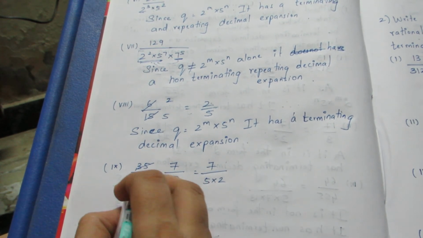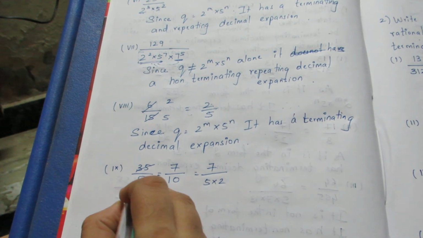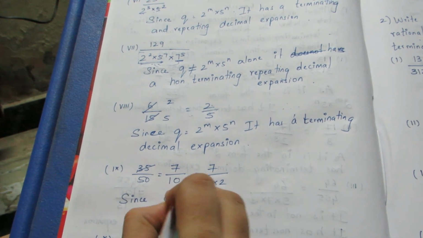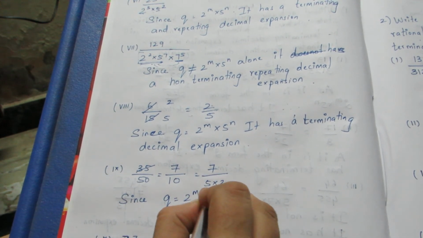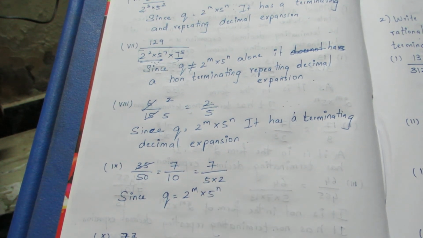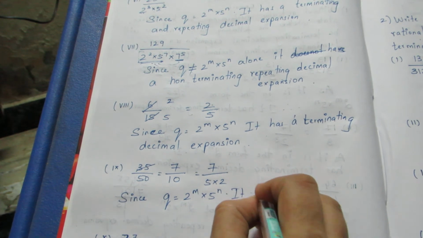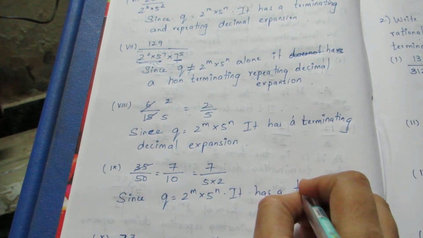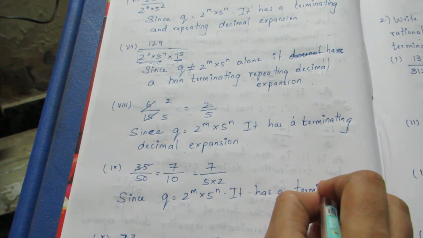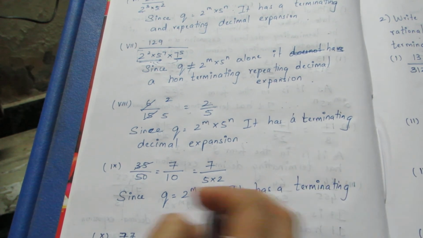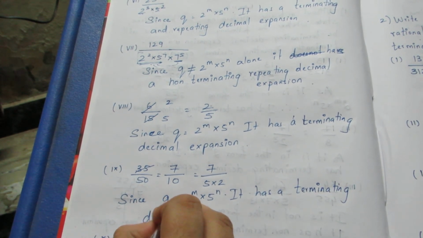So we can say that since q is in the form 2 power m into 5 power n, because it has 2 and 5 as a factor, it has a terminating decimal expansion.